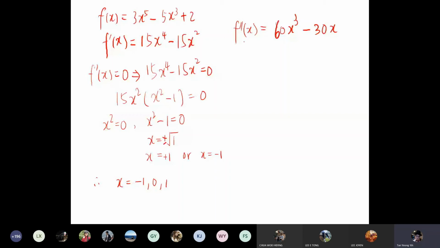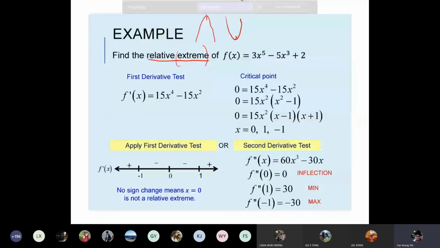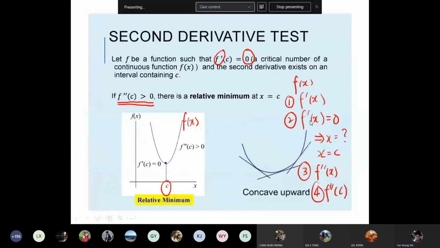All right, so this is the second derivative we have. So now we are going to test the values one by one. We put the value of x into the second derivative function to test the values one by one.